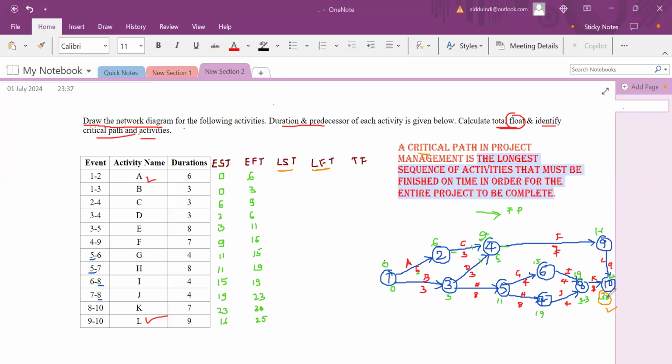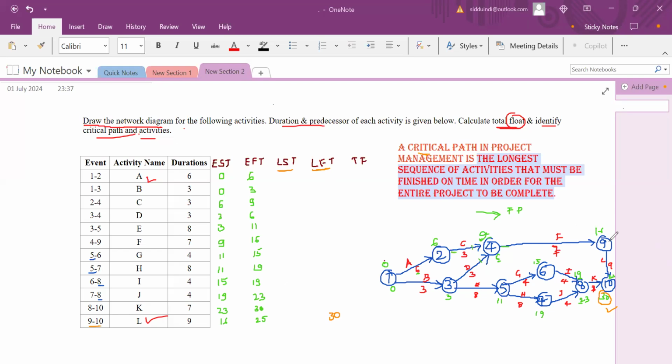As we know, your latest finish is 30 for this activity. Right? Here it starts with 30, which means for 9 to 10, the latest finish is 30.